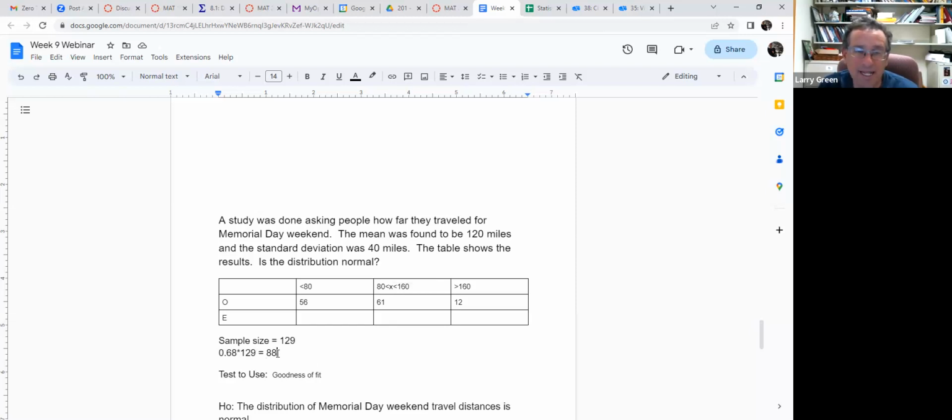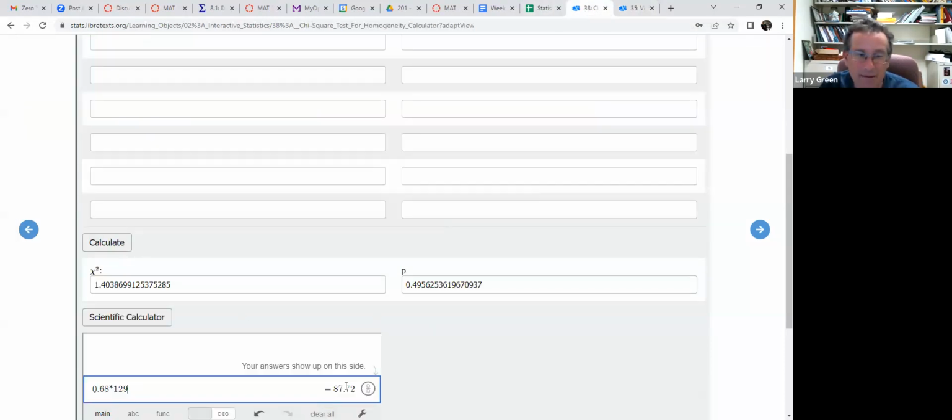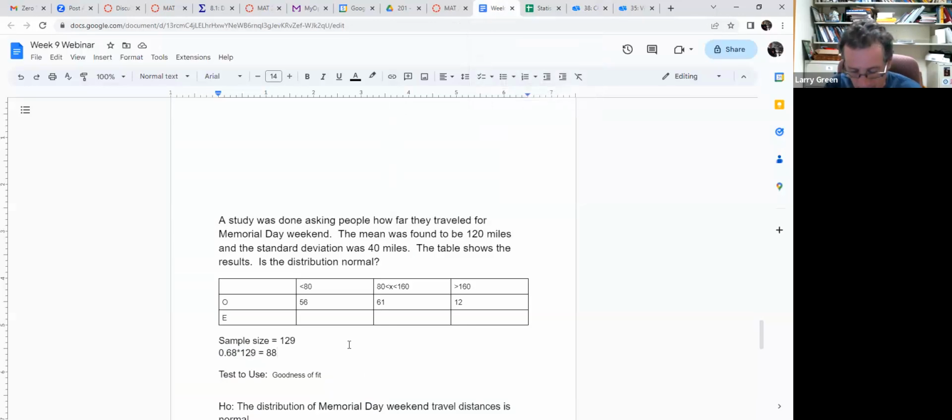Okay, now the normal distribution is symmetric. So if there's 88.72 inside, then if 68% is inside, 1 minus 68% is outside.